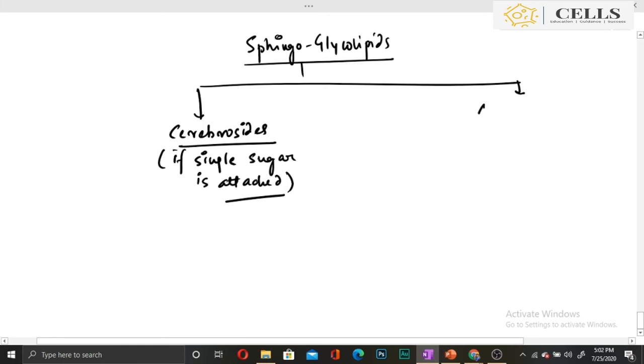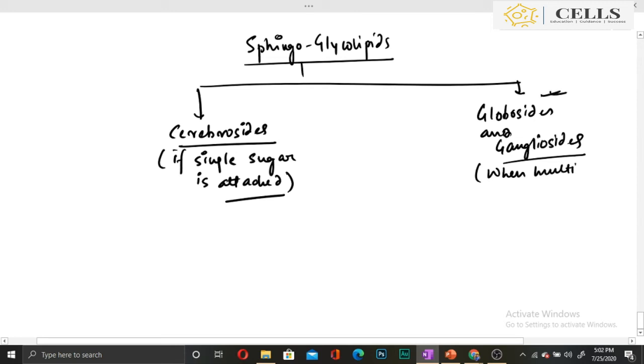Why are they called globosides and gangliosides? Because multiple sugars are attached. When oligosaccharides are attached, it is called a globoside. When polysaccharides are mainly attached, they are called gangliosides. So multiple sugars are attached.